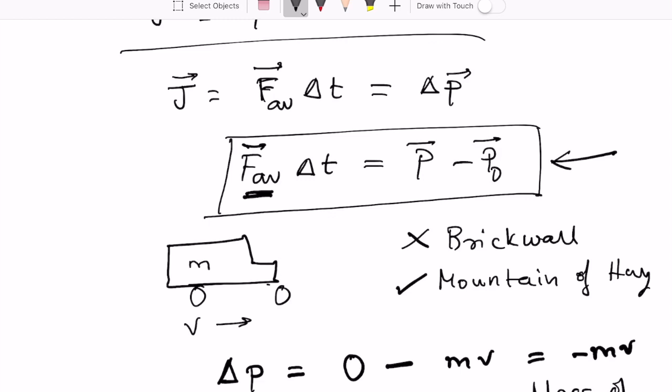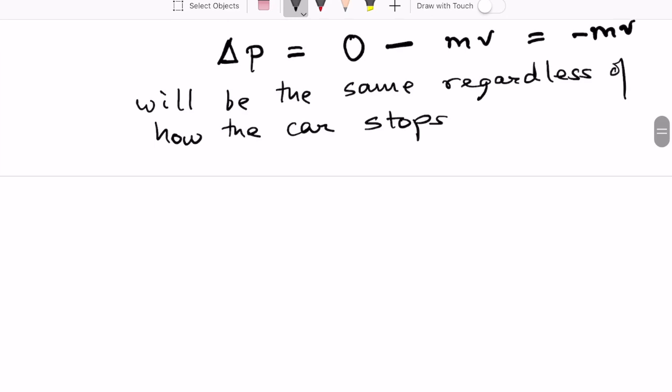And why? That is because the time of collision is going to be tremendously different in these two cases. So if the car collides with the brick wall, what is delta t going to be? The car will come to a stop very, very abruptly, and so delta t would be very small. So brick wall, delta t would be very small.